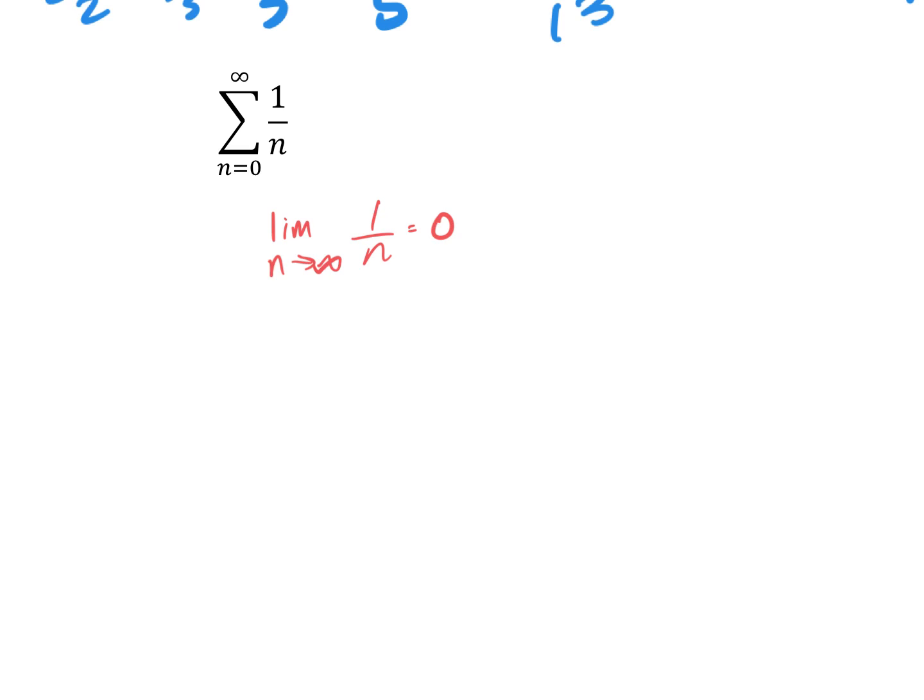So I would say in this one, the nth term test is inconclusive. And why is that? Because the nth term test can only tell you if something diverges. It cannot tell you if something converges. And I know that feels icky. It feels icky for me too.